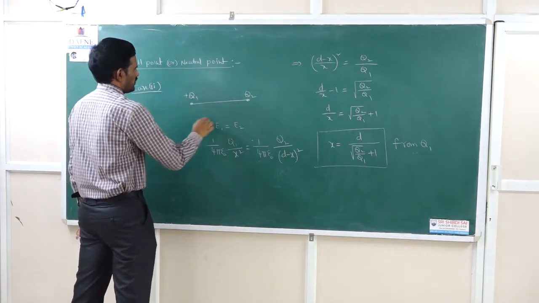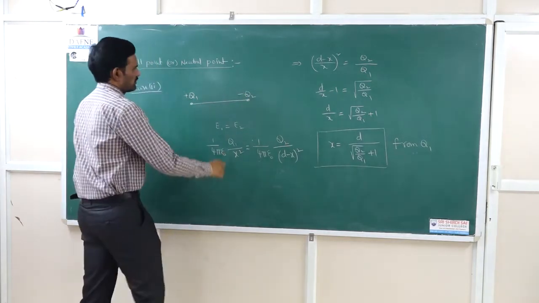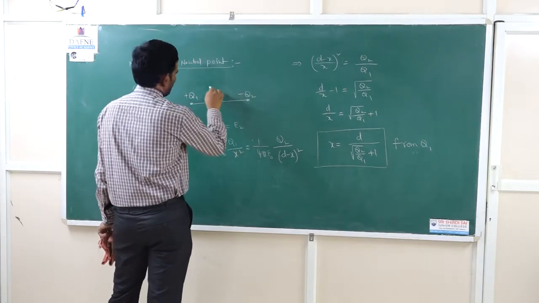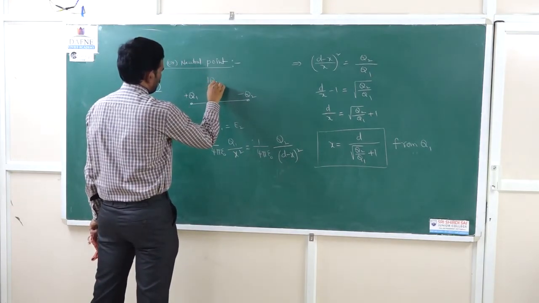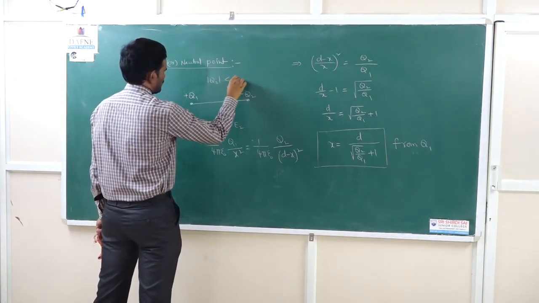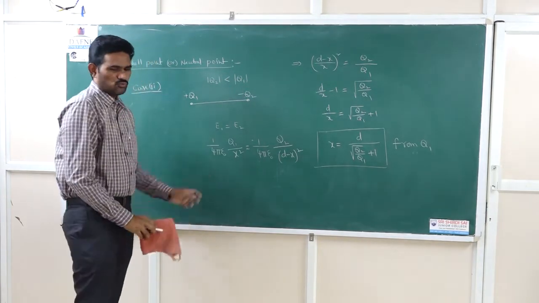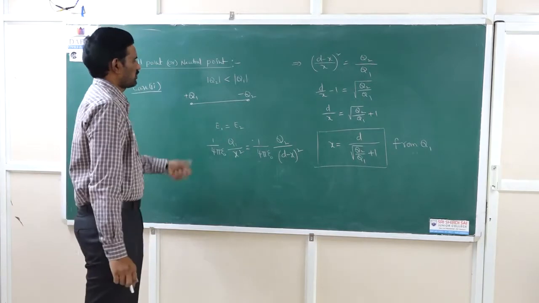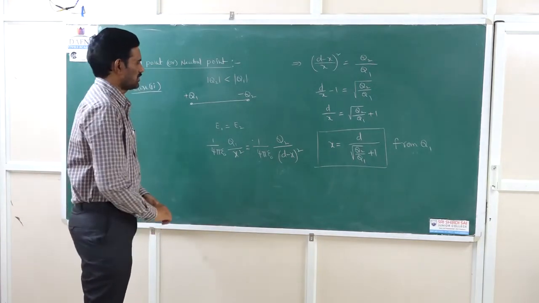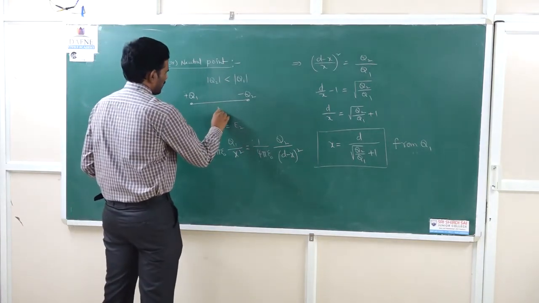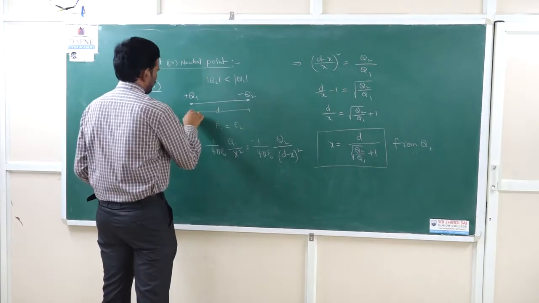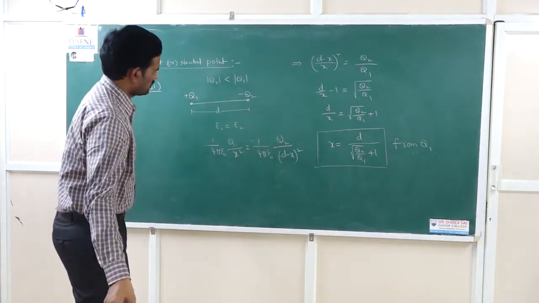Suppose this is a positive charge and this is a negative charge. And I am assuming the case where mod of Q2 is less than mod of Q1. That means Q2 magnitude is small compared to Q1. That is the case we are considering here. And the distance between them is again the same, d. d is the distance between those two charges.